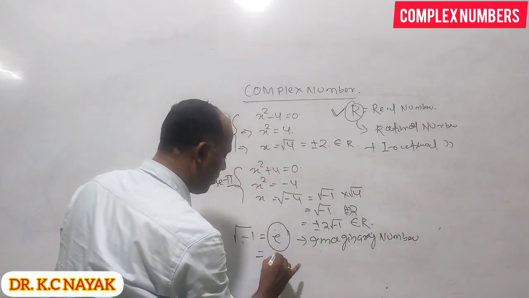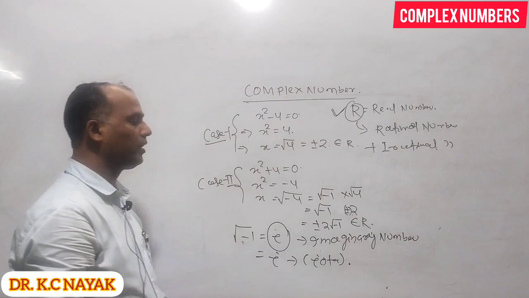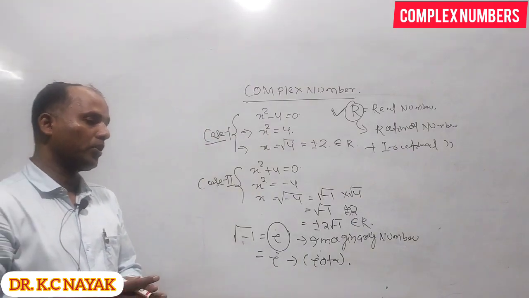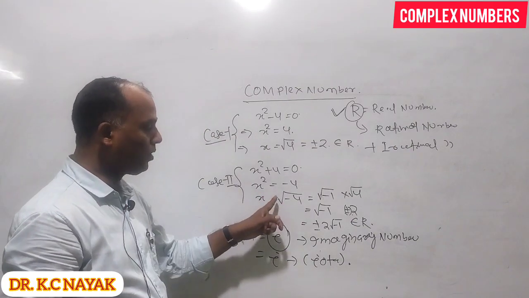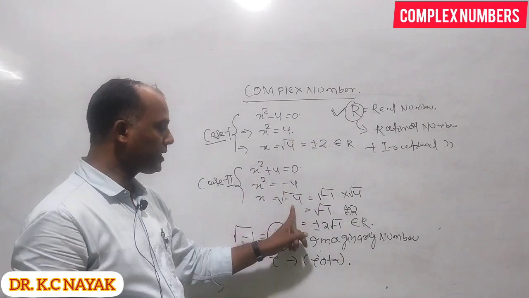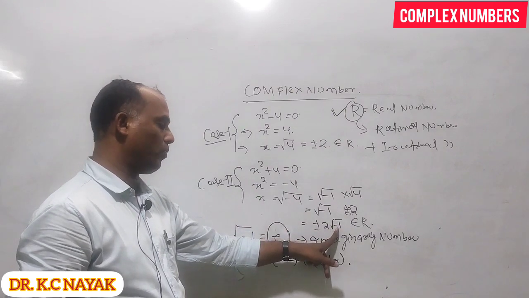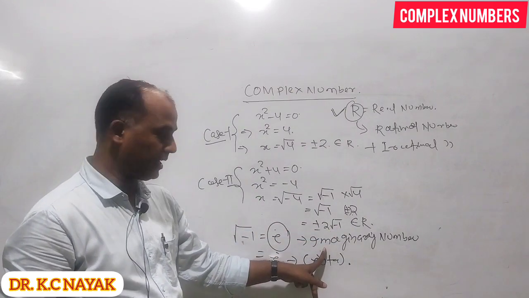This i is also known as iota. When a number cannot be solved in real numbers and is the square root of a negative number, the square root of minus 1 is represented as an imaginary number.